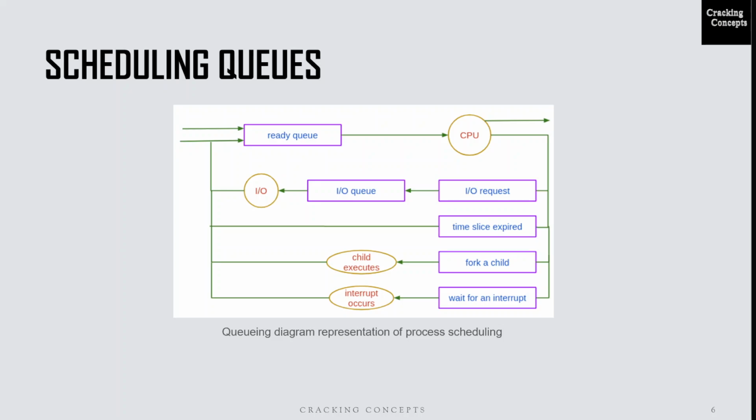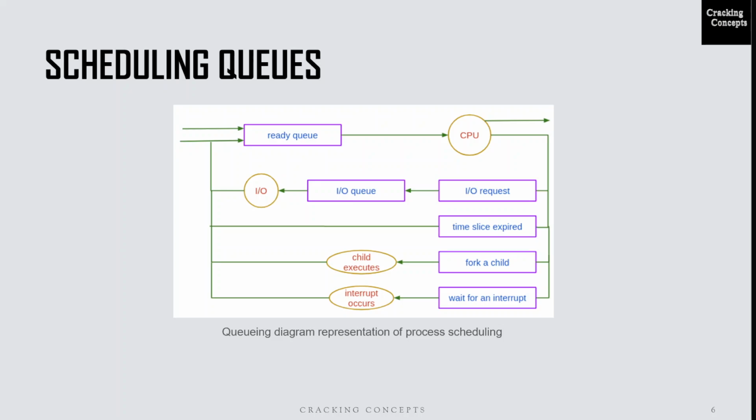The circles represent the resources that serve the queues and the arrows indicate the flow of processes through the system. A new process is initially put into the ready queue. It waits there until it is selected for execution, or is dispatched.